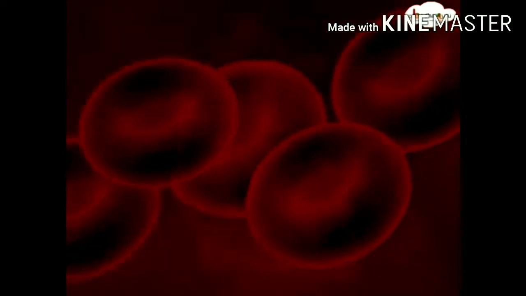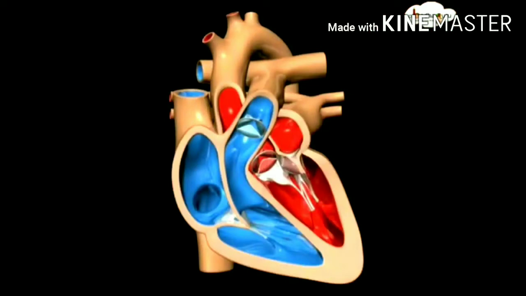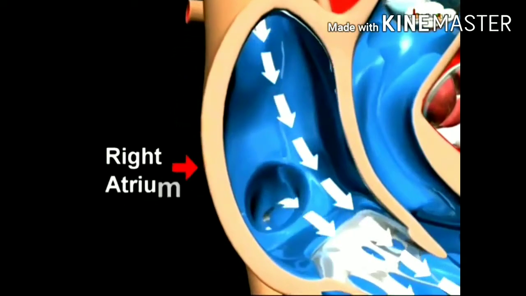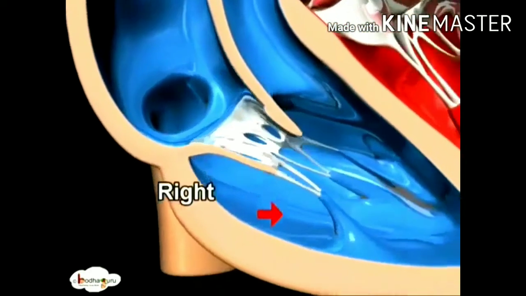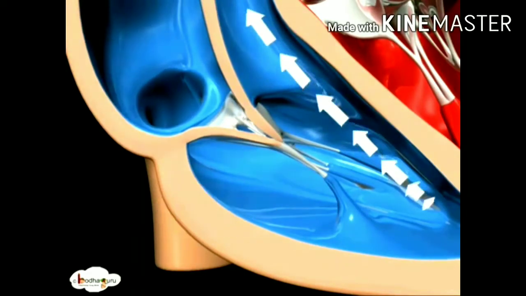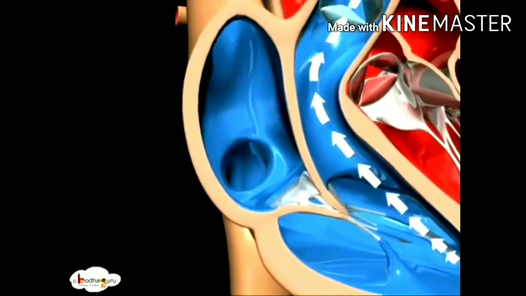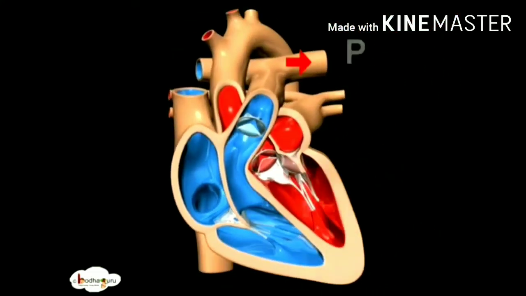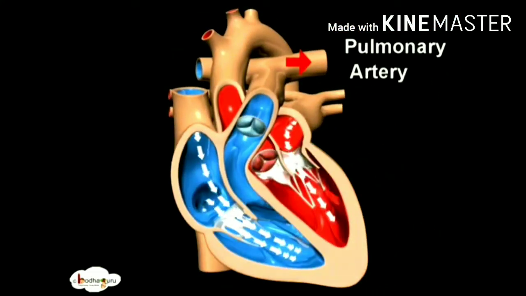In pulmonary circulation, the right atrium receives deoxygenated blood from the whole body, which is pumped into the right ventricle, and it sends the blood to the lungs for oxygenation via the pulmonary artery.